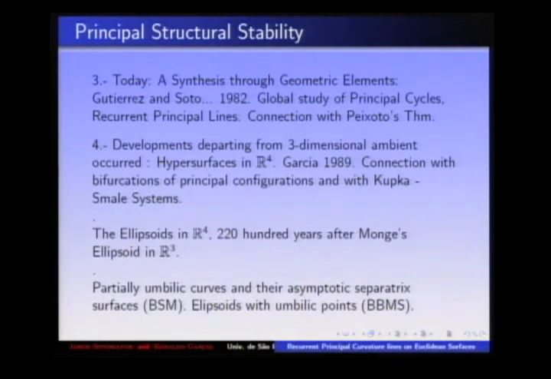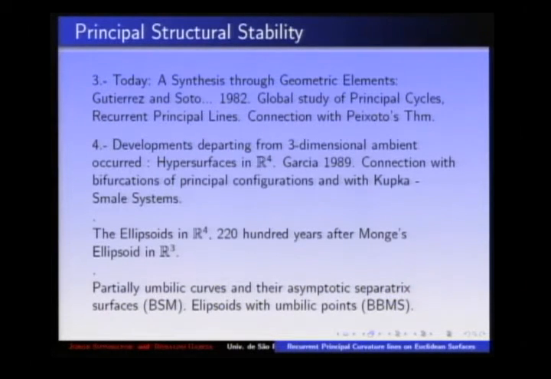Just a side comment is that departing from the three-dimensional ambient, going to hypersurfaces in R4, my student Garcia at IMPA made an initial study, very original and very courageous at this time, for increasing this dimension by one.